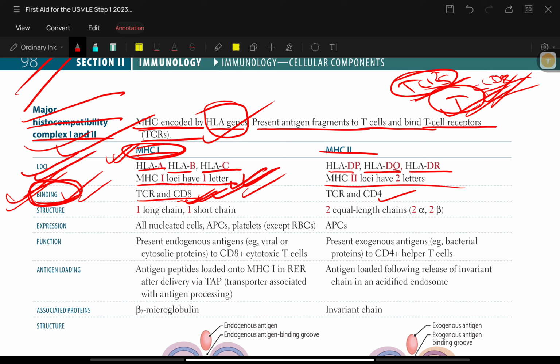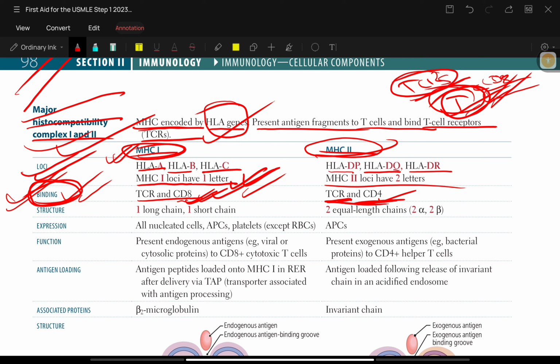Similarly for MHC class 2, it binds to TCR and CD4. So MHC class 2 binds to TCR and CD4 molecules of T cells.